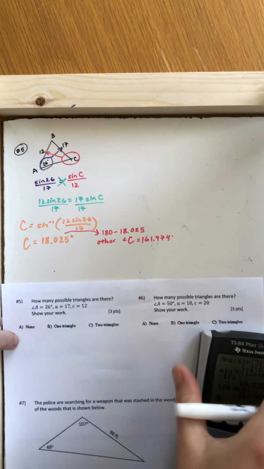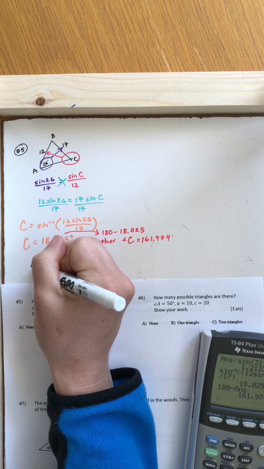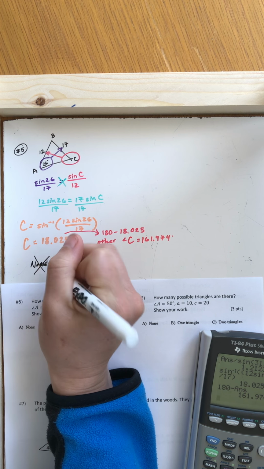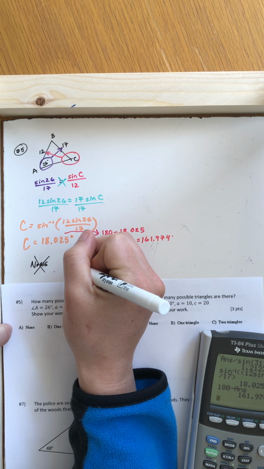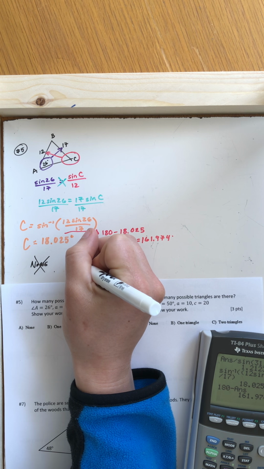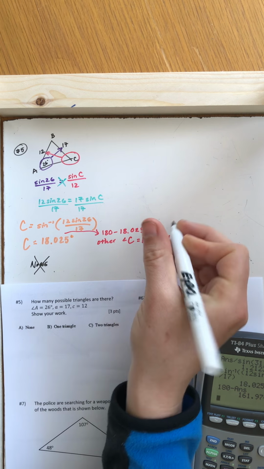So that means there cannot be no possible triangles. Because I got an answer here, none is not the correct answer. There can be one triangle, but can there be a second?